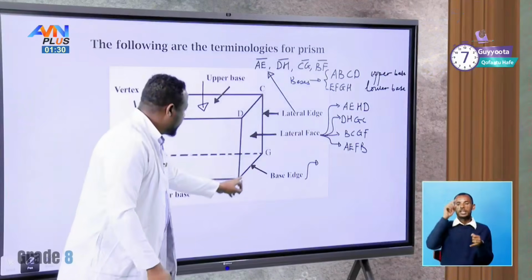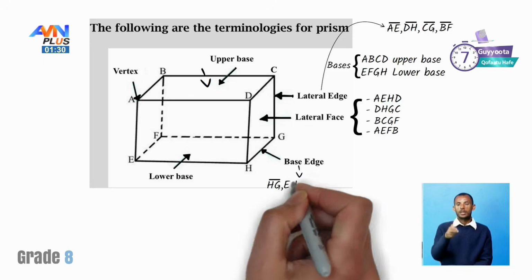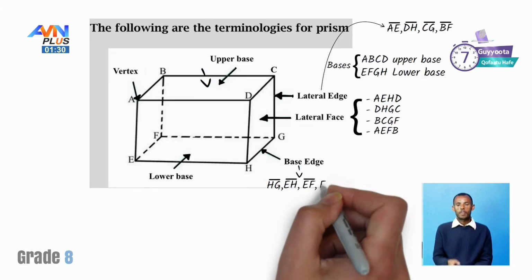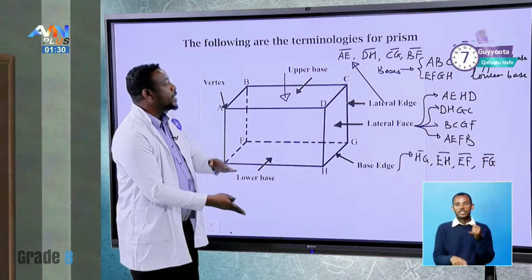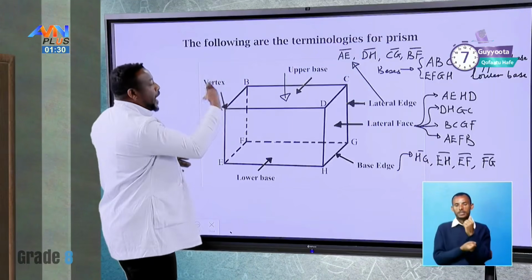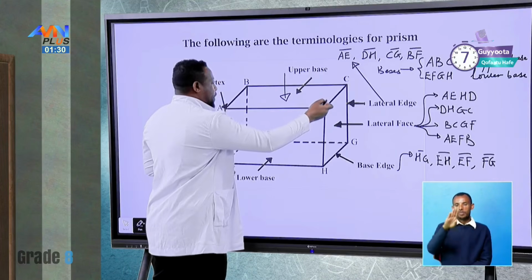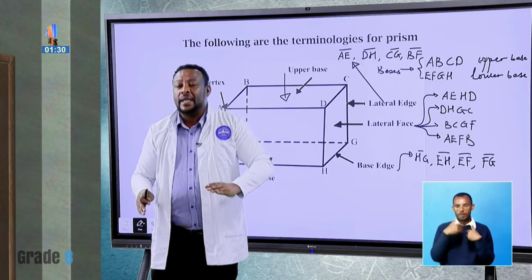Okay, so this HG, EH, EF, the fourth one here, FG. These are the base edges which are found on the bases. We do have other base edges on the upper part, which are AB, BC, CD, and AD. So totally we do have around 8 base edges.